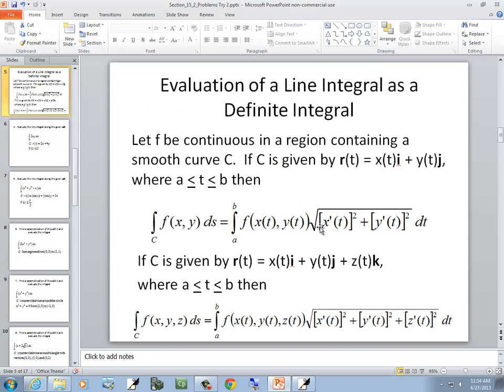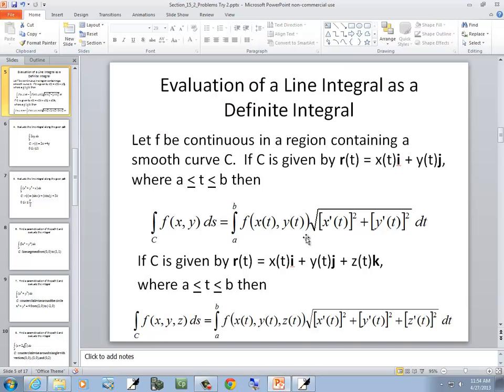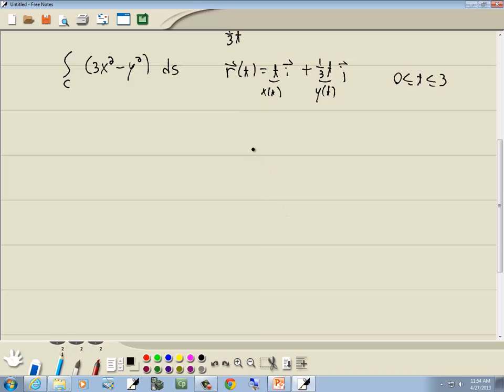From our formula, we need to identify x of t and y of t, which we did, and we need to find f of that. First off, note that f of x y is equal to 3x squared minus y squared. Now we want to find f of x of t, y of t.